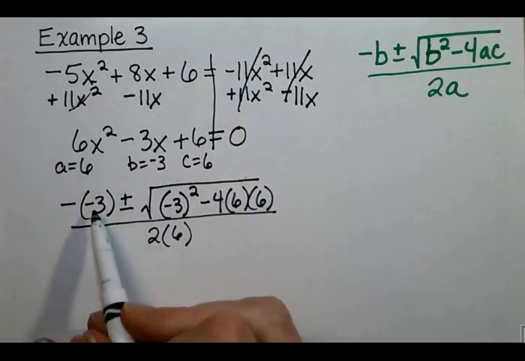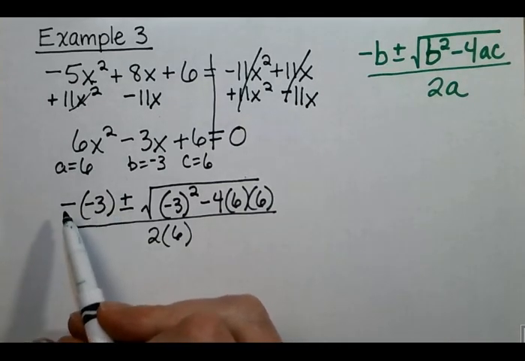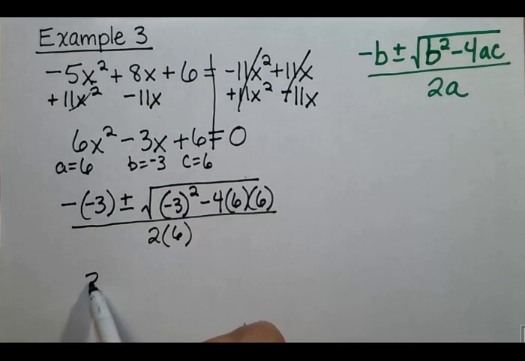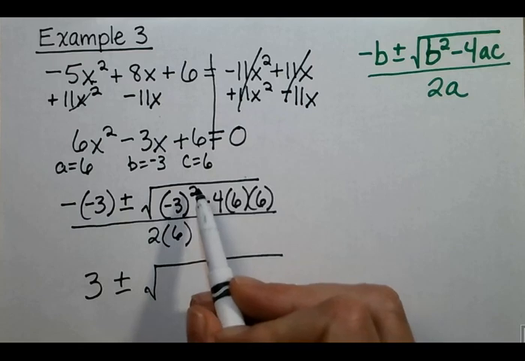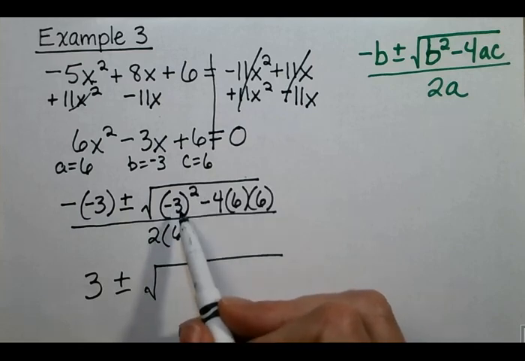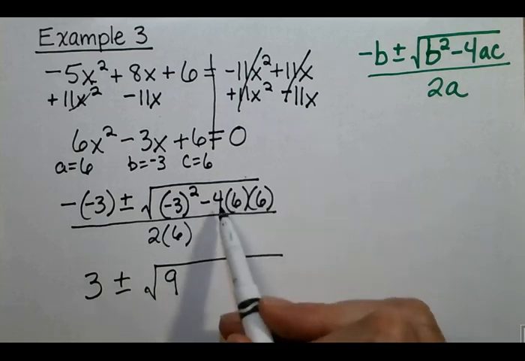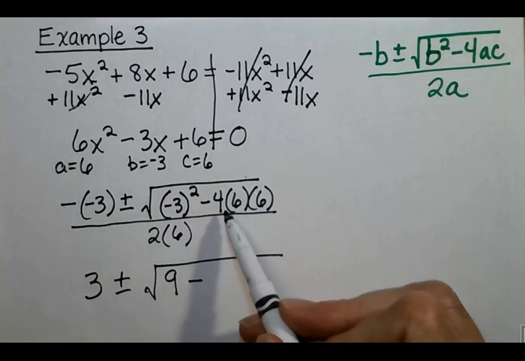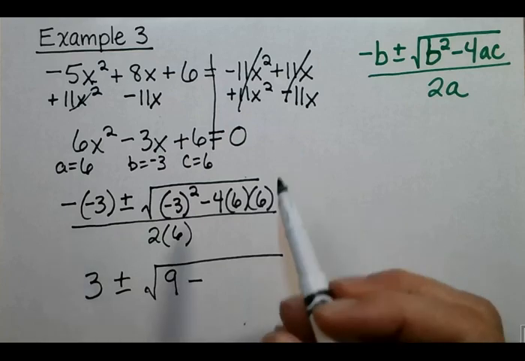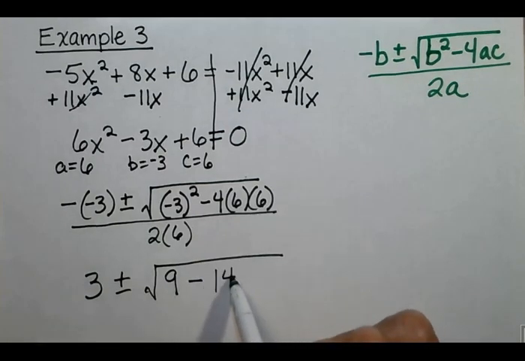We're going to go ahead and simplify. The opposite of a negative 3, or a negative times a negative 3, is a positive 3, plus or minus the square root. Negative 3 squared means negative 3 times negative 3, and that's going to give us a positive 9. And then we're going to have minus 4 times 6 times 6, which, if I use my calculator, is 144.